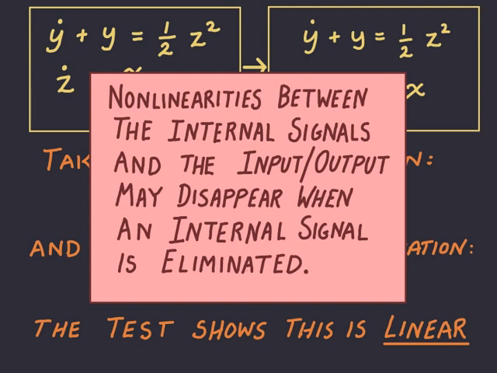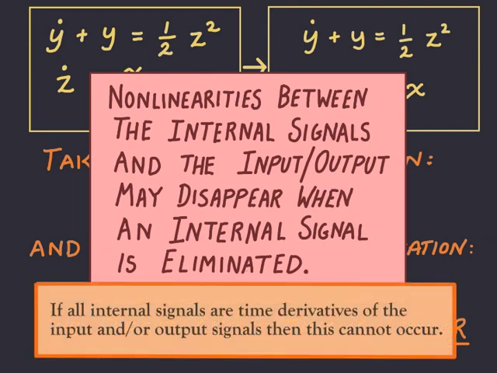This is not something to be terribly worried about. This won't usually happen in most systems. It's a rather atypical case. You can be certain that this will not happen if all the internal signals are time derivatives of the input or the output signal.